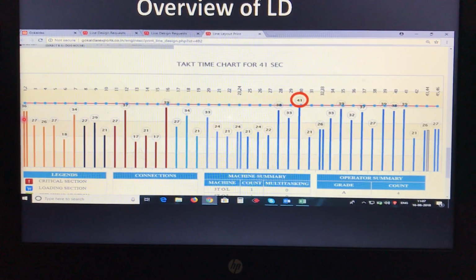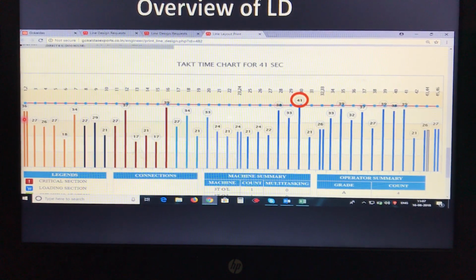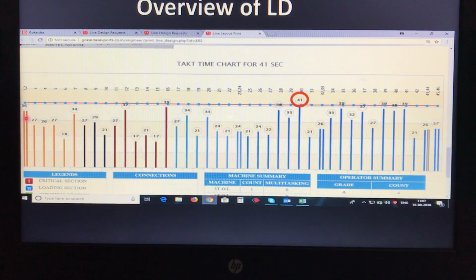The first operation in this line is at 36 seconds. Actually, as per the OB, this operation is 72 seconds. So by having two workstations, it becomes 36.